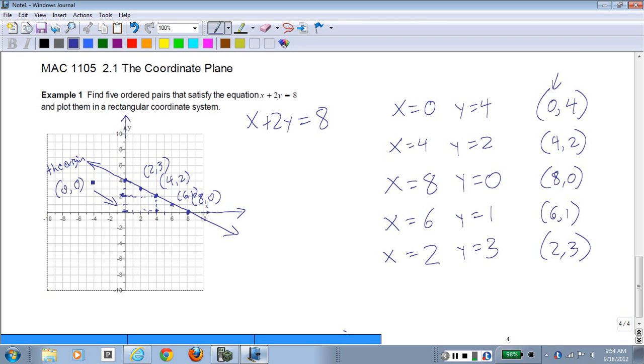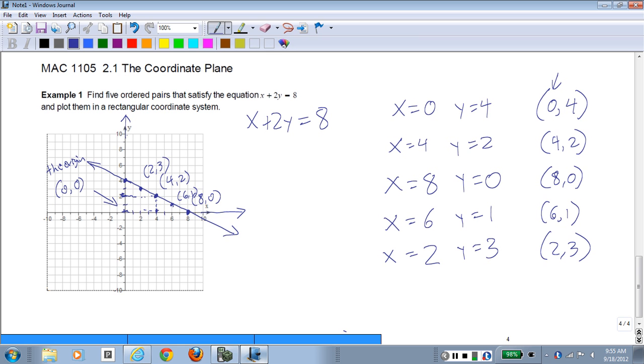What I'm saying is really a couple things. I'm saying that every point on this graph represents an ordered pair that's a solution to this equation. So certainly these 5 are, but if we find any other points, carefully identify their coordinates, it means they have to satisfy the equation too. Going to do the midpoint formula in about 10-15 minutes or so.